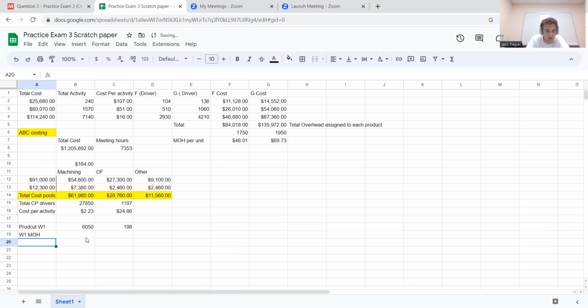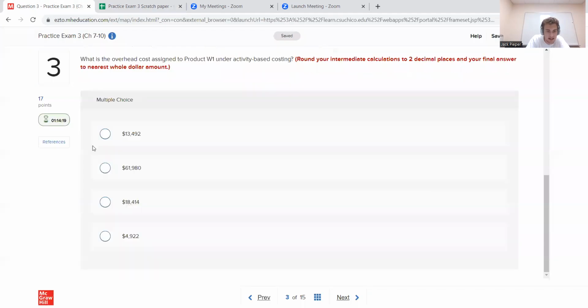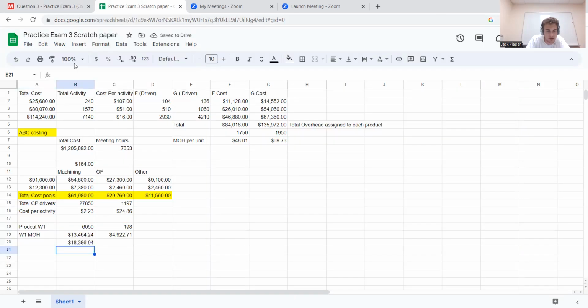All you have to do is multiply this by this, multiply that by that, and then sum them. That is the total overhead assigned to W1 under activity-based costing.